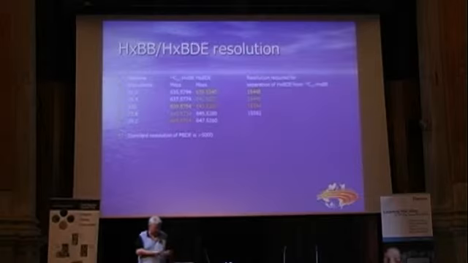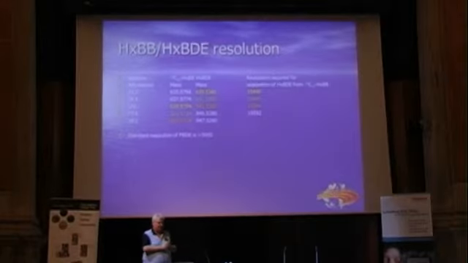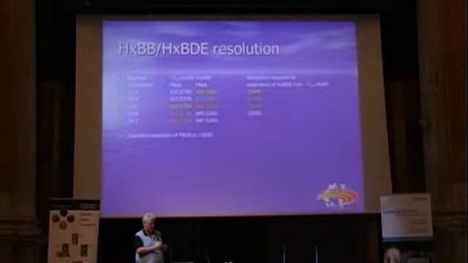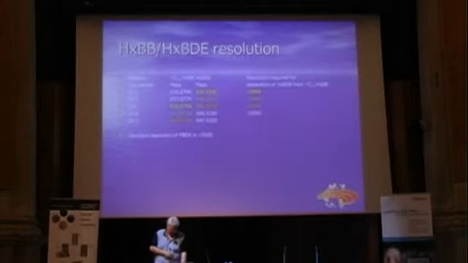In order to resolve them on a high-res mass spec, you need 15,000 resolution. Normal BDEs run at a 5,000 resolution, so you're probably looking at a loss of 10 times sensitivity. You're better to try and resolve them chromatographically rather than by resolution.